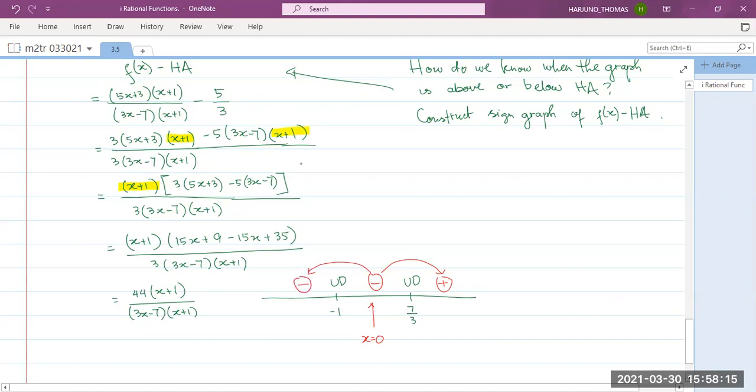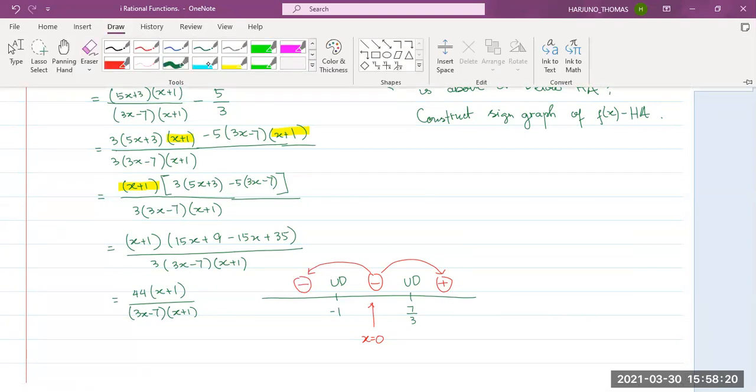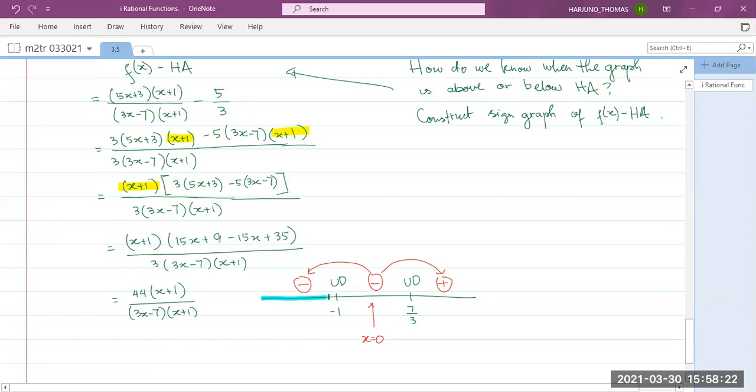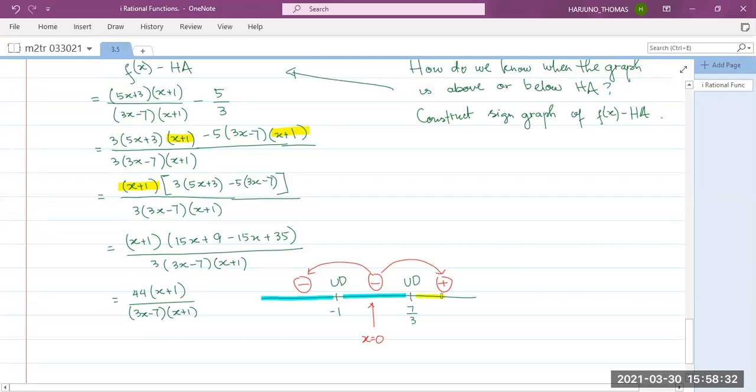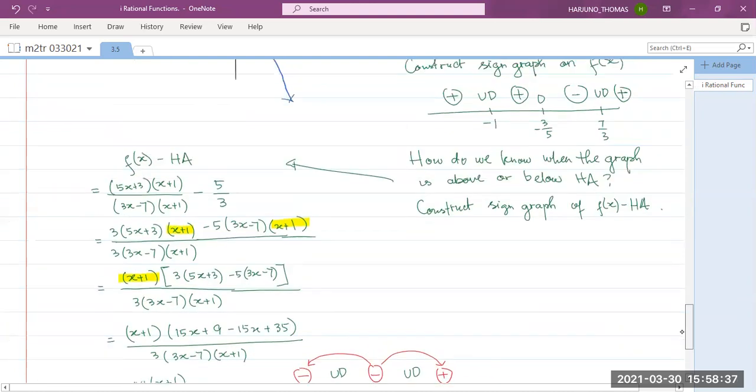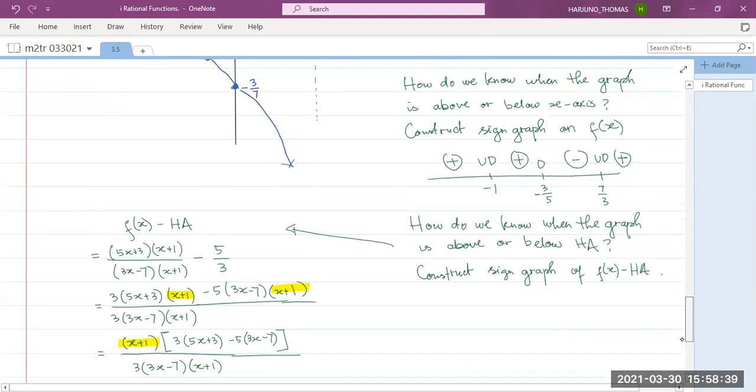Now, how do we interpret this? It means that along this interval here, the graph will be below horizontal asymptote, and when it is positive, it is above horizontal asymptote. Now compare that to the graph we have, right?